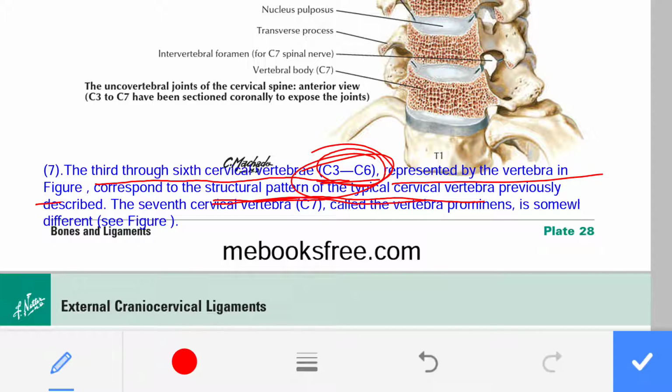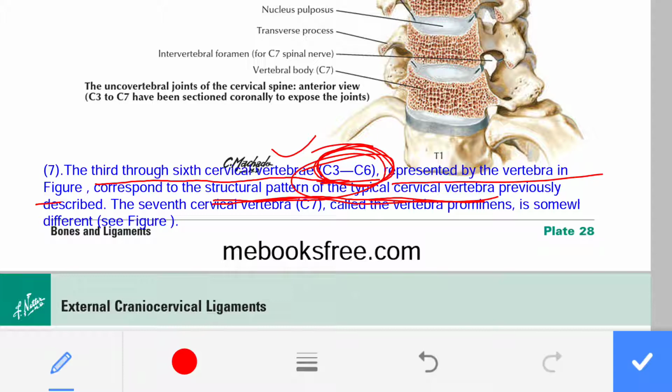I have already delivered the lecture on the parts of the typical vertebra. So C3 to C6 have all the characteristics of the typical vertebra. That is the meaning of this point.